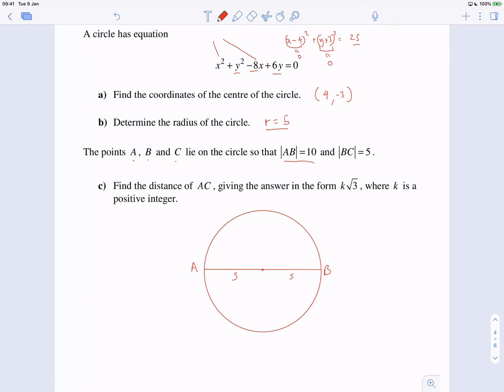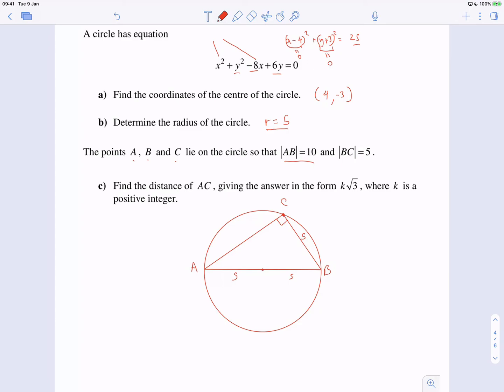Next up, you know B to C is 5. Okay, so let's say C is over here and B to C, there it is. That's of distance 5. Finally, if I draw a line from C to A, I know my circle theorems that this must be 90 degrees because angles in a semicircle are 90 degrees.